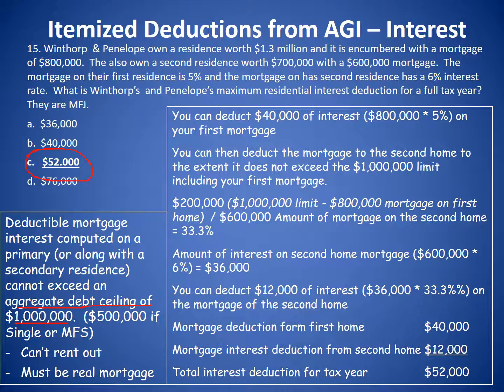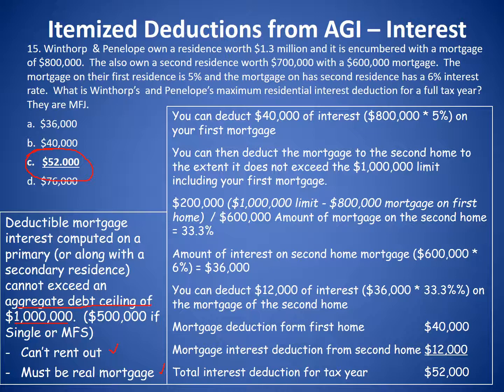It's $500,000 if you're single or married filing separately. Also, you can't rent your primary or your secondary residence out, and it has to have the characteristics of a real mortgage. Now let's go through the computation that allowed us to arrive at $52,000.